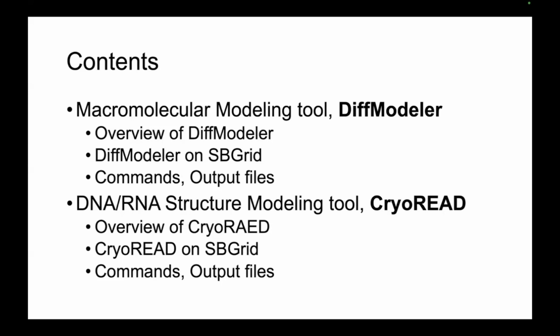They are interesting files, and a lot of interesting data is available. Then I will talk about DNA and RNA structure modeling with CryoREAD: the overview of CryoREAD and how the program works. I will also introduce how to use our tool CryoREAD on the SBGrid package, the command lines and output files, and how we can interpret the result files.